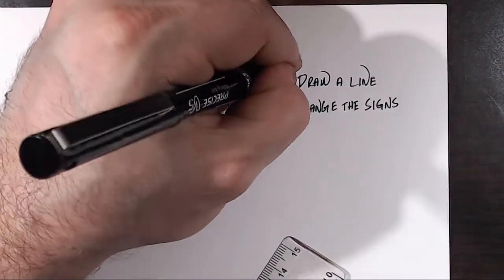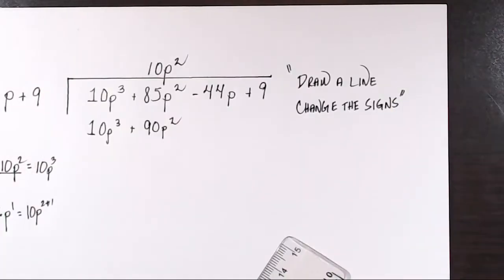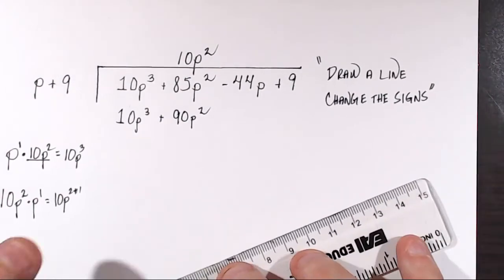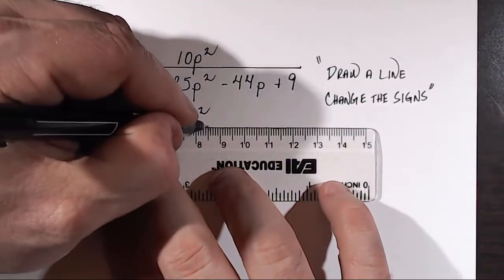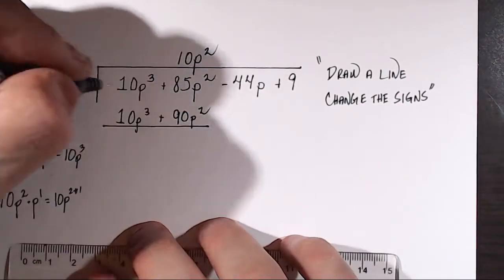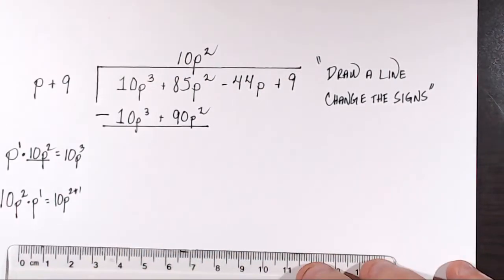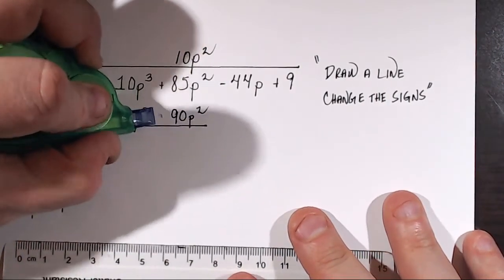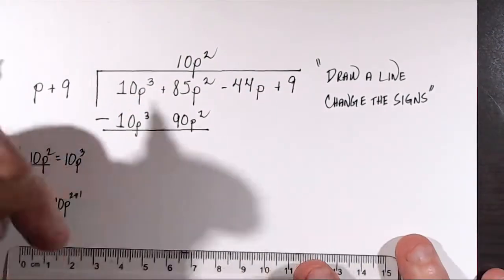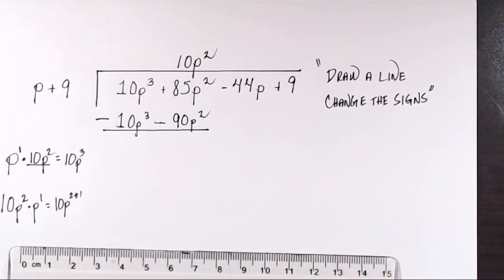This is the thing you need to remember to do. So once I get here, I invoke this motto: draw a line and change the signs. Here I am using a pen, so let me do a little movie editing magic and change the signs.